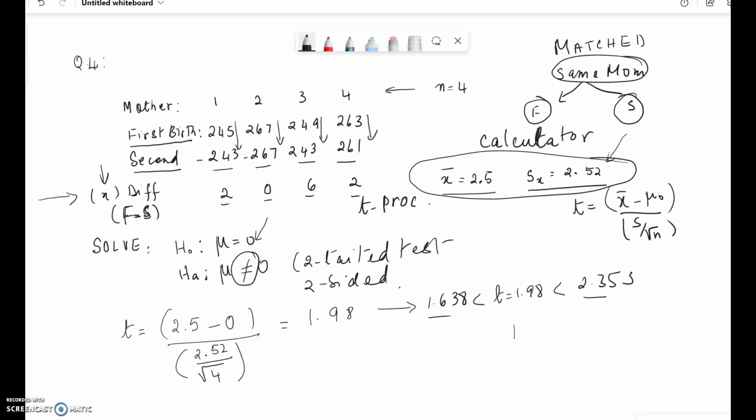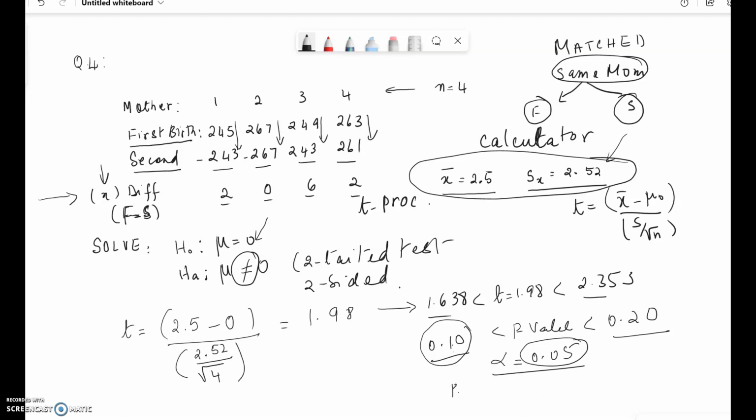And when we go down the column, the p-value lies between 0.10 and 0.20. Always put your smaller number on the left, larger number on the right. And our alpha, we are comparing it to 5% level. So that is 0.05. Obviously, the lowest that the p-value is 0.10, which is greater than.